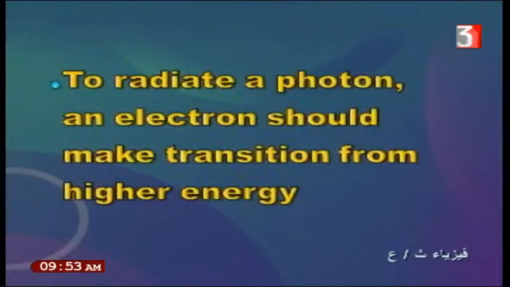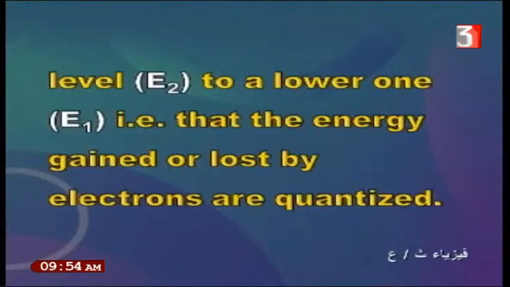To radiate a photon, an electron should make a transition from a higher energy level to a lower energy level, from E2 to E1.